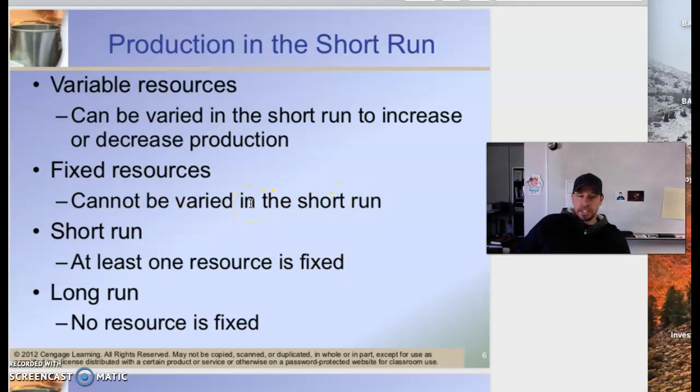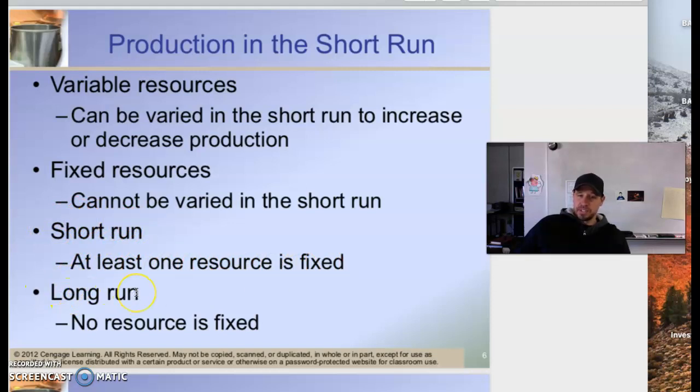So if we're looking at a McDonald's restaurant, you could increase your variable. You could buy more hamburger, you could buy more fries, you could hire more people very, very quickly. You could do that in a day. But you cannot maybe change the size of the building or add another drive-through window in a very short period of time. So the actual building would be what we call a fixed resource. And in the short run, think of this as all the producing happens in the short run, at least one resource is fixed.